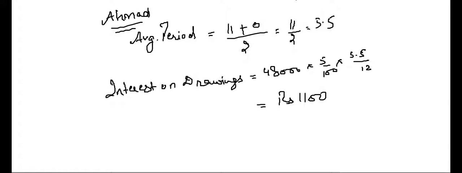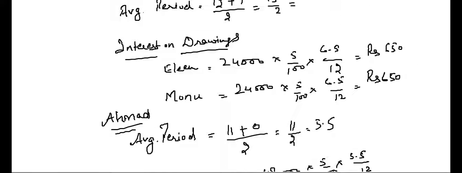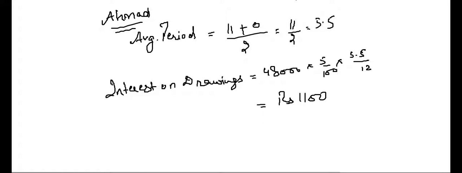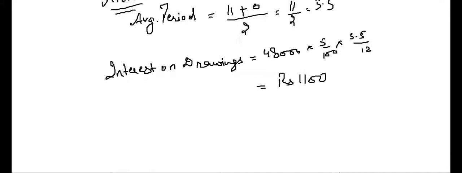So we have calculated the average period, first for Eileen and Monu, and then for Ahmed, and for that we have calculated interest on drawings. Now we will prepare the statement of correction, adjustment. For that I will write Eileen, Monu and Ahmed.